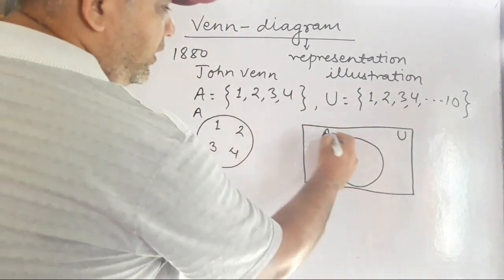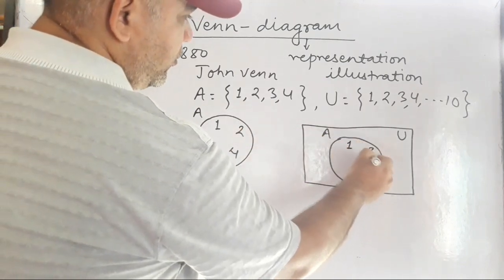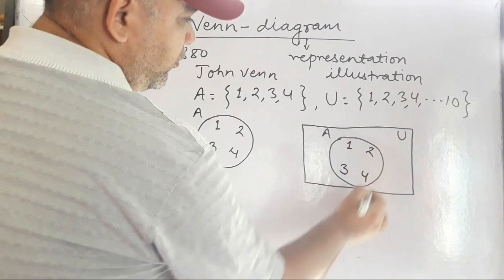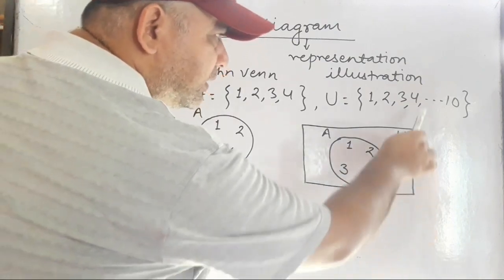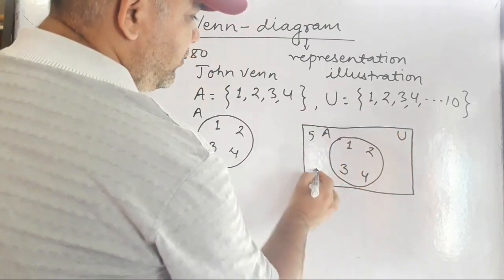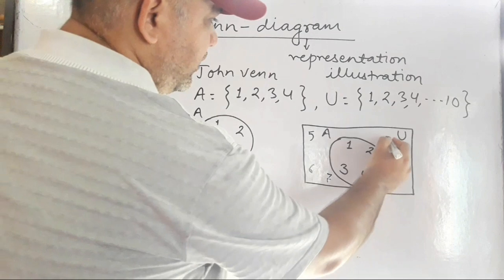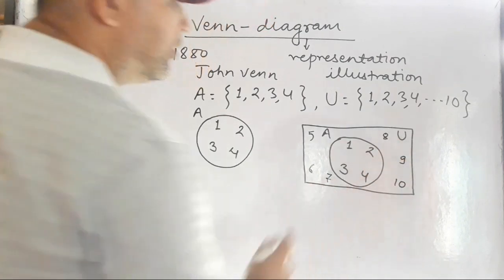The set A contains the elements 1, 2, 3, 4, which belong to the universal set also. Then the rest of the elements should be filled outside: 5, 6, 7, 8, 9, 10.